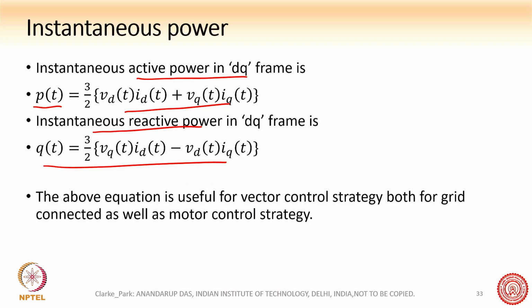So the D axis quantities will control the active power, and the Q axis quantities will control the reactive power. This orthogonality or decoupling between the active and reactive power through a 90-degree axis is achievable with a DQ transformation. We will talk about it later. It will not be evident at this point of time. When we do the whole transformation, then it will become evident.